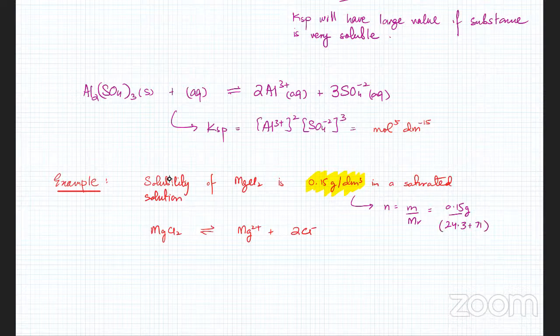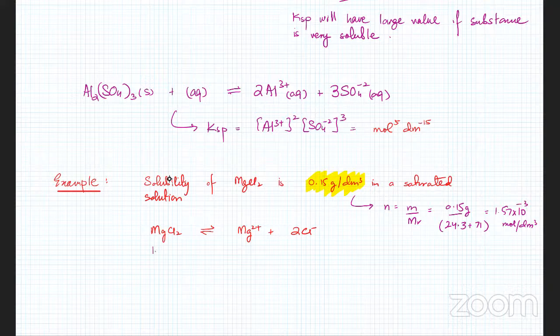Can somebody quickly tell me how many mole per dm cube this is? What are you getting? 1.57 times 10 to the power minus 3 mole per dm cube. So we converted grams to moles. That's the amount of salt that is dissolving.